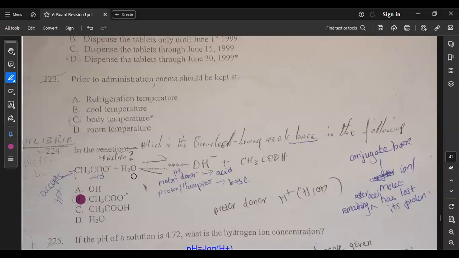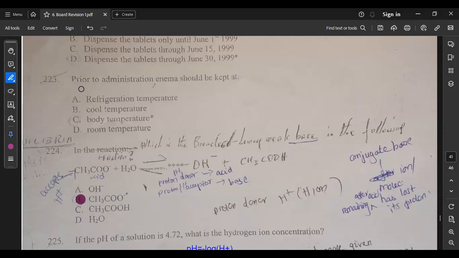Water can act as an acid or a base. So if this is the base, sorry, I'm confused. We said that B is the Bronsted-Lowry weak base, the one that accepts protons, right?